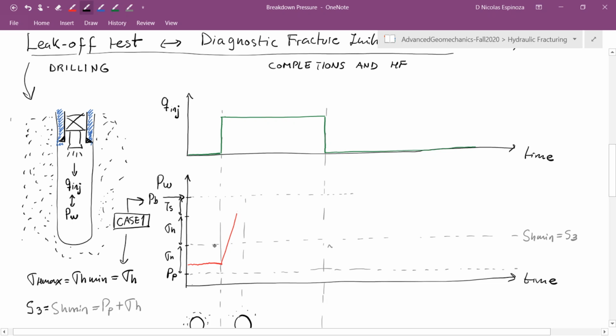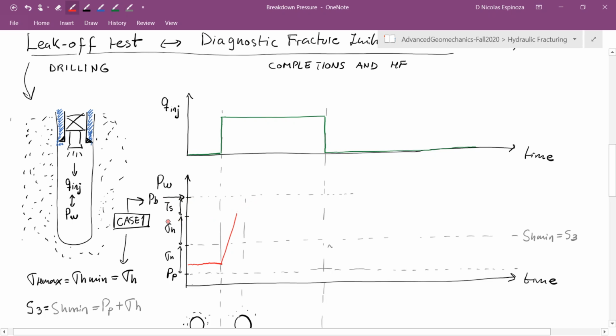And that's when we're going to use our equation of the breakdown pressure. We calculated before, and this is the example for case number 1, that this breakdown pressure would be a function of the pore pressure plus 2 sigma h, and you see this 2 sigma h in here, plus the tensile strength. So this will be the predicted value of the breakdown pressure for this particular wellbore.